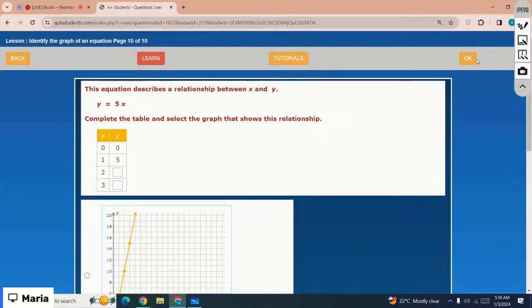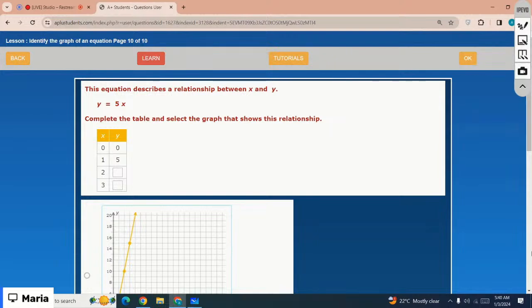This equation describes the relationship between x and y: y equals 5x. So, which is the correct option?